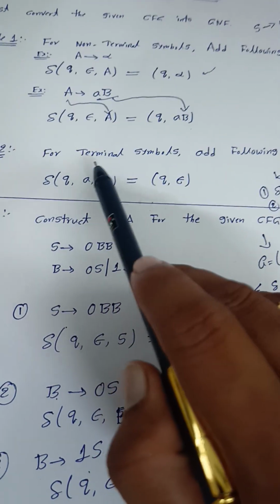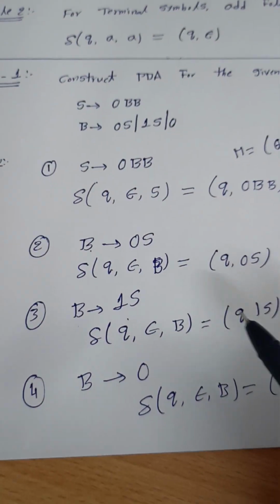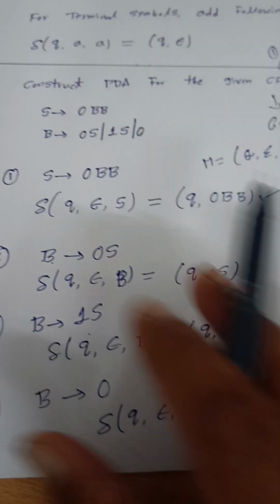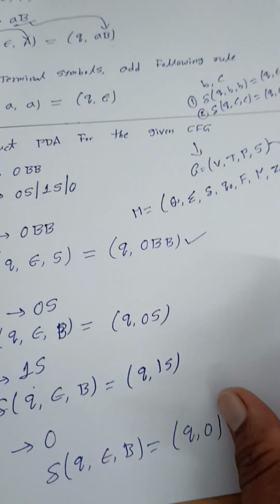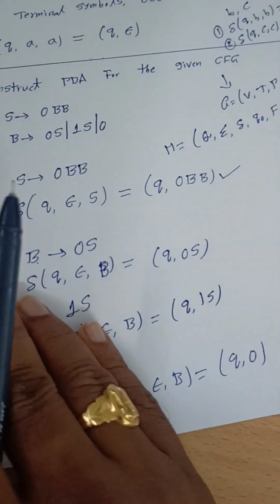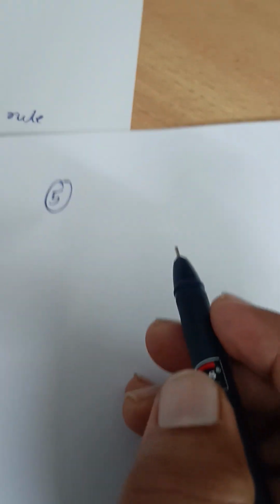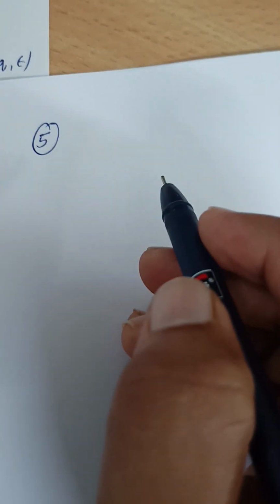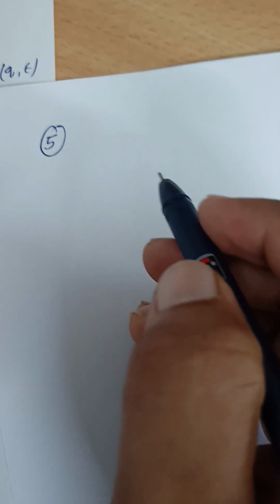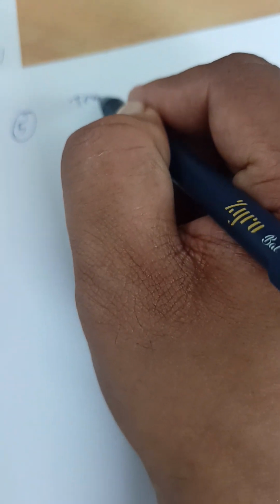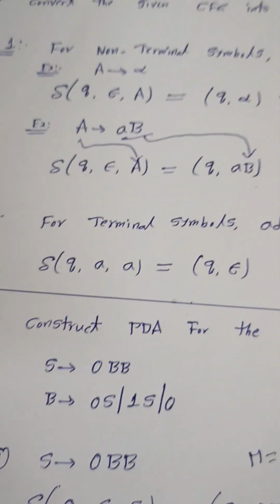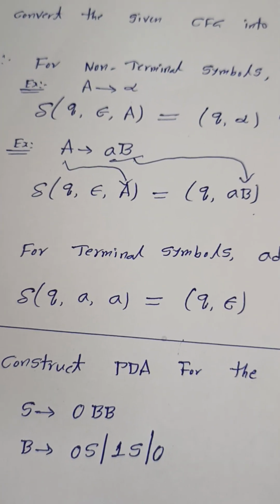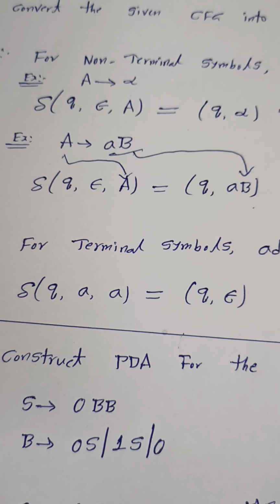Now we move to the second rule, for terminal symbols. Here 0 and 1 are the terminal symbols, so we consider the fifth and sixth transition functions. Already we know the rule for terminal symbols: delta of q comma a is equal to q comma epsilon.